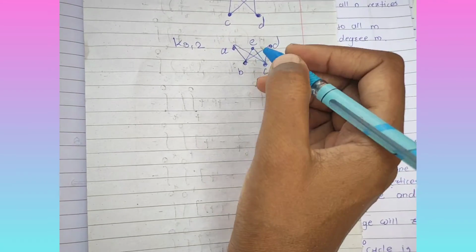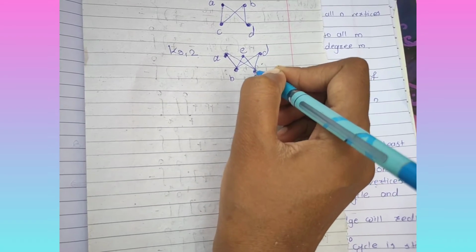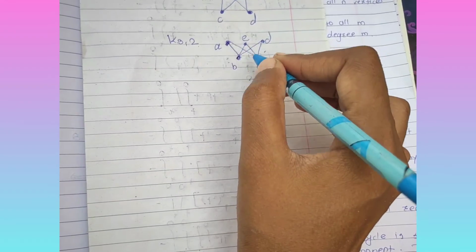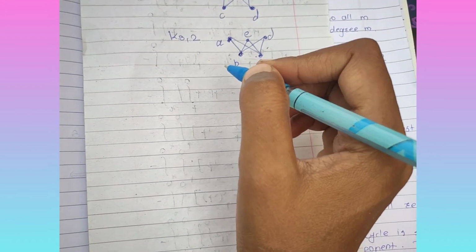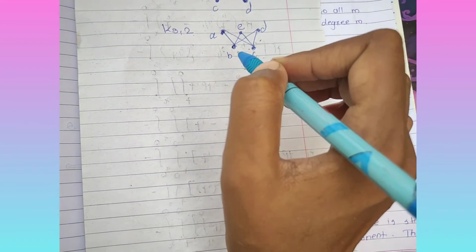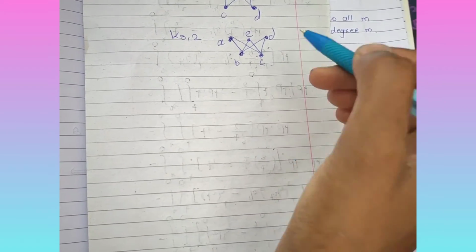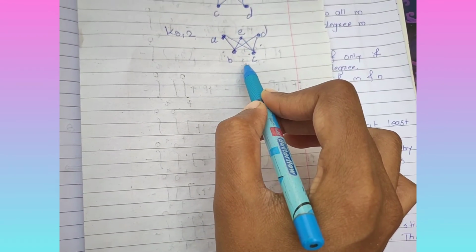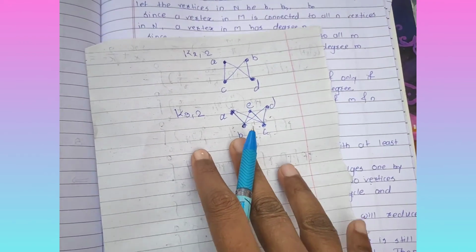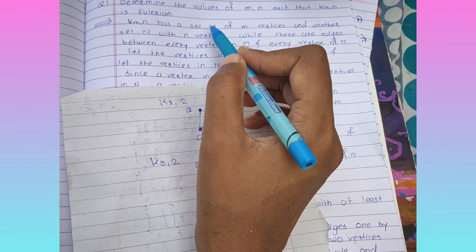If we start from A, then A to B, B to D, D to C, C to E, then E to B. But here we can't cover the edge AC, because if we try to cover this AC edge, then we will repeat an edge, and that is not allowed in an Eulerian circuit. So we can't get the Eulerian closed circuit here, then we can say that this graph is not Eulerian. So if the complete bipartite graph is Eulerian, the values of m and n should be even.